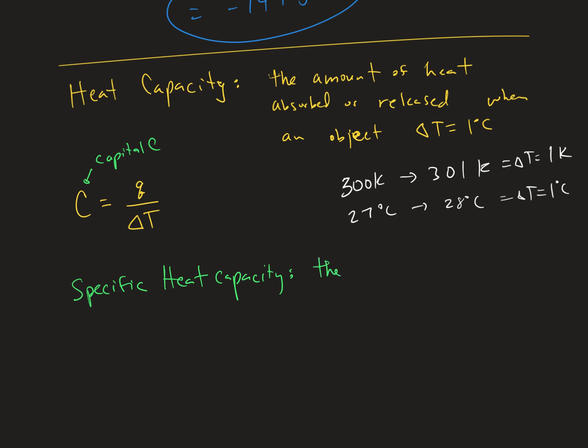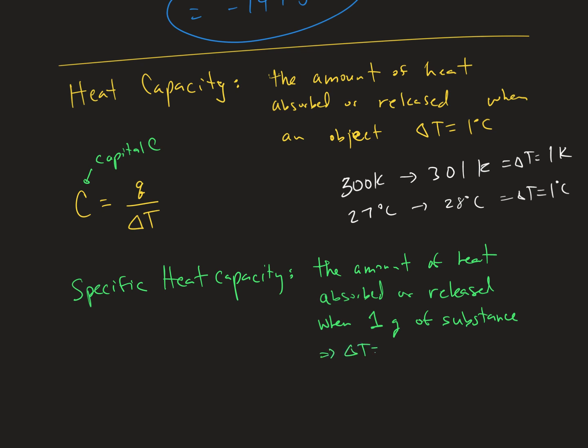So the amount of heat absorbed or released when 1 gram of substance undergoes a change in temperature of 1 degree Celsius. Does that make sense, the difference between the two?